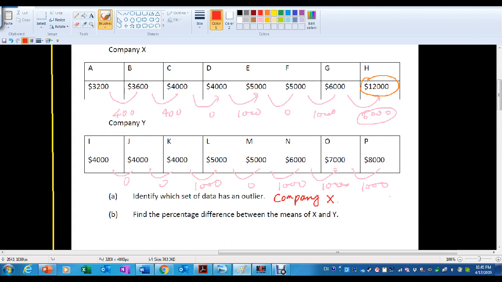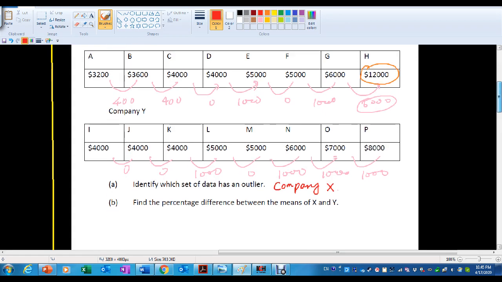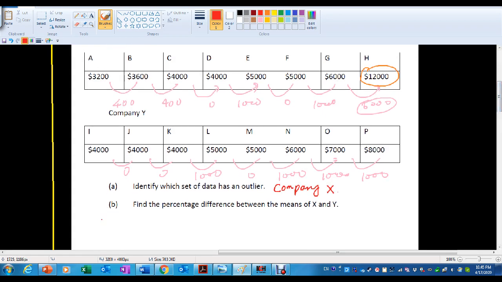Find the percentage difference between the means of X and Y. For X, you need to find the mean. There are how many data? 1, 2, 3, 6, 7. Okay, that to 4000, you can save some space.